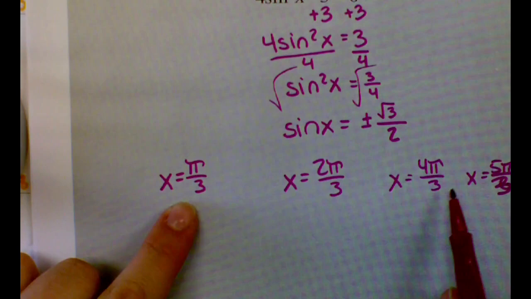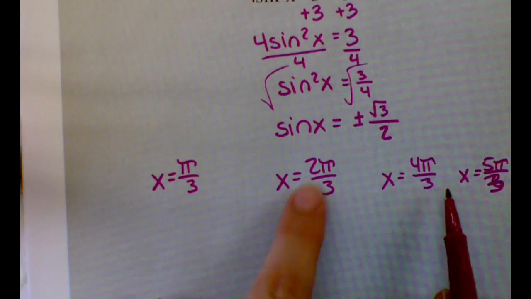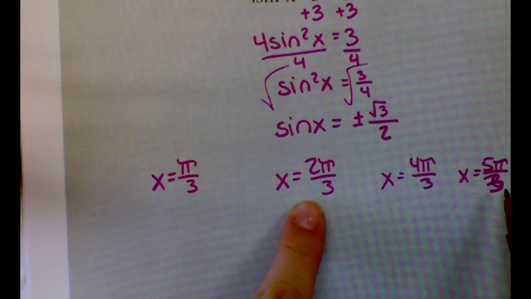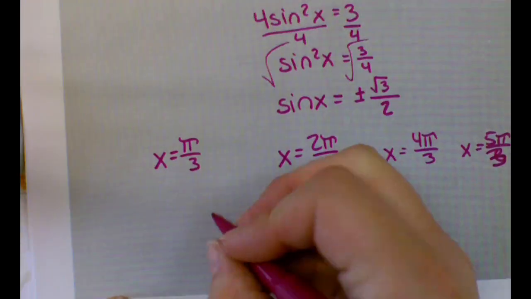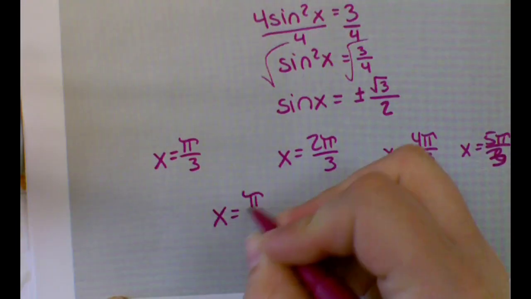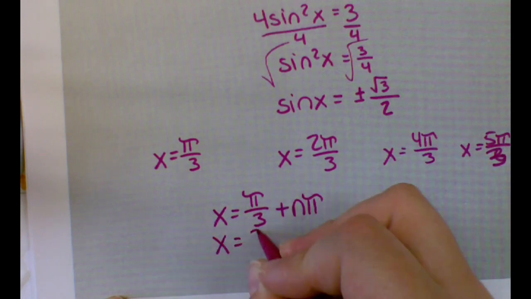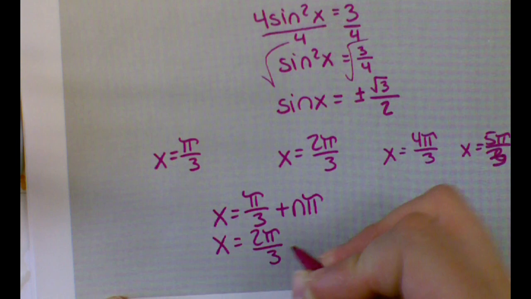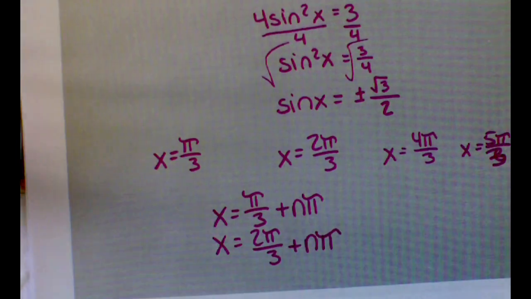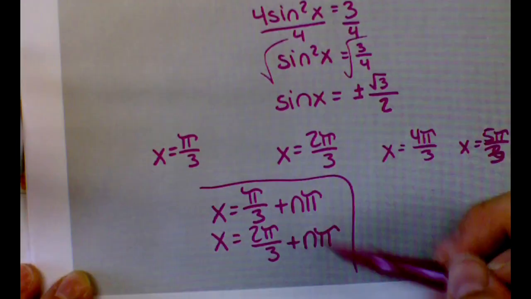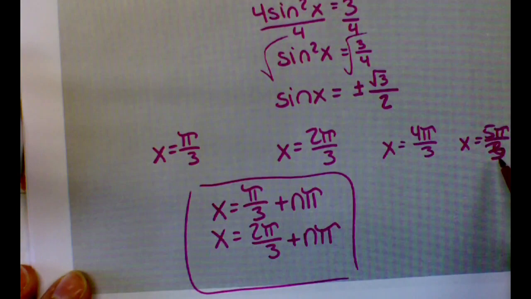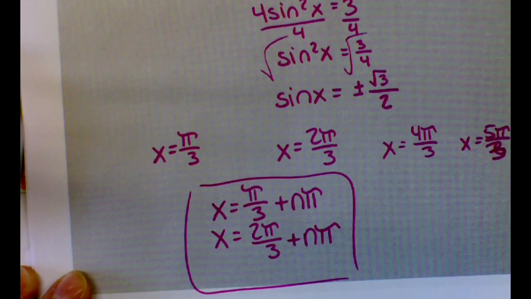Because pi over 3 to 4 pi over 3 is pi apart, and 2 pi over 3 to 5 pi over 3 is pi apart, I'll make my answer just pi over 3 plus n pi, and 2 pi over 3 plus n pi. If I put all 4 answers plus 2n pi, that'd be fine as well.